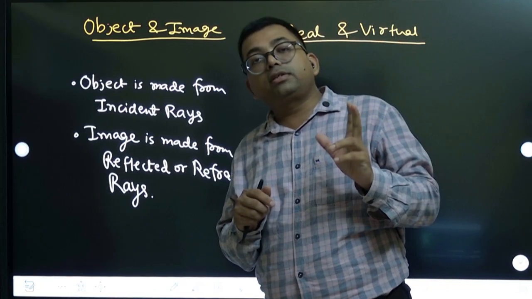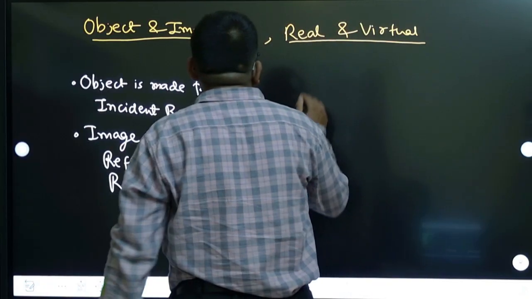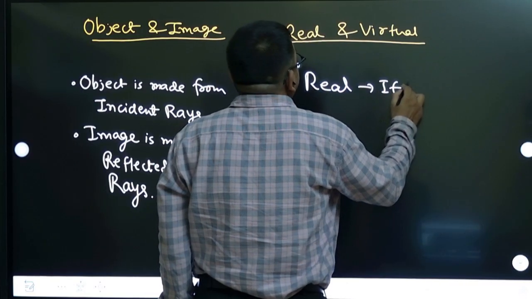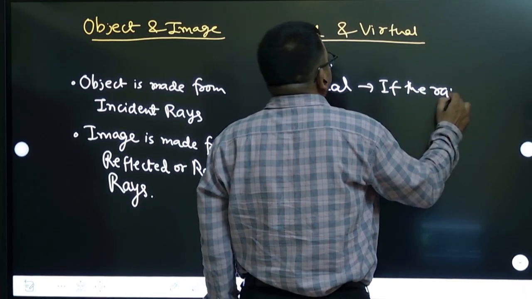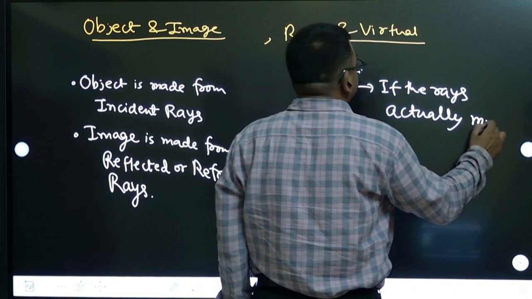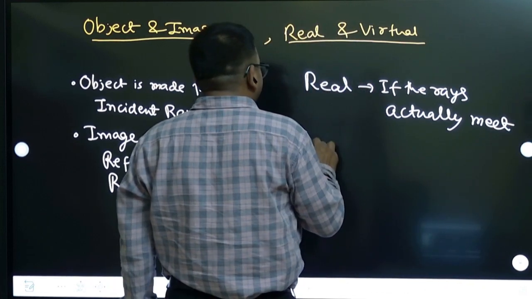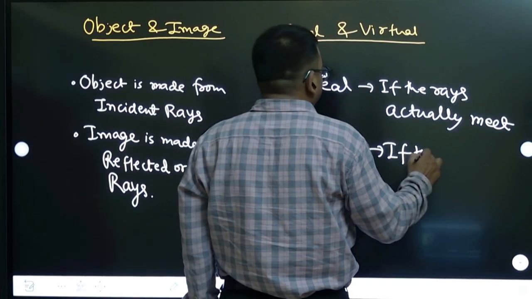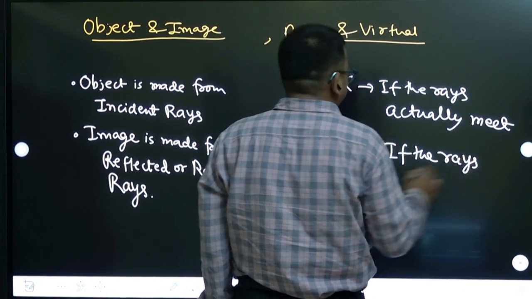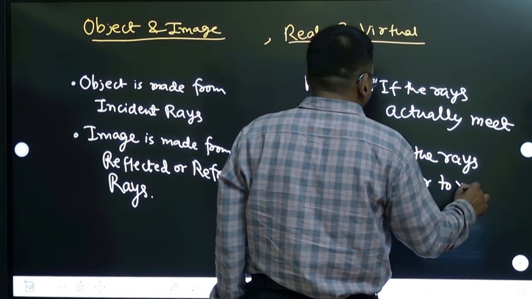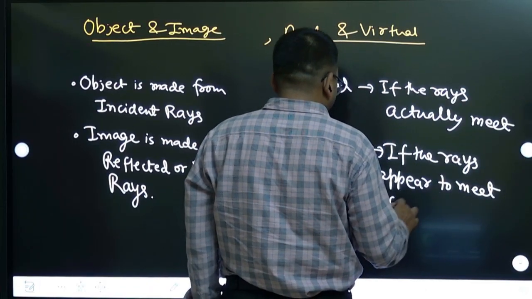So now let's understand real and virtual. Real means if the rays actually intersect, actually meet, and virtual means if the rays appear to meet when extended.